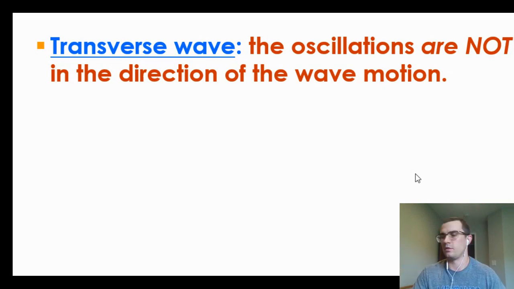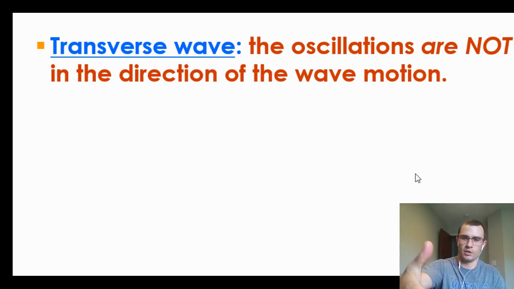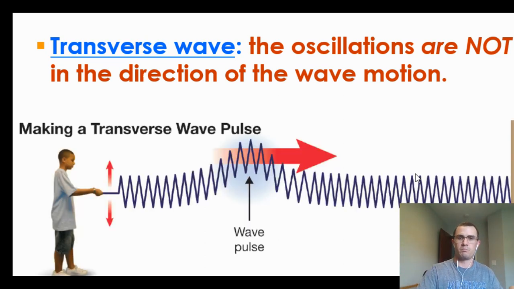No matter how many times the phys ed teacher tells you not to touch the jump rope, you're still going to crack that jump rope, send that wave, and it's going to travel all the way across, right? This picture shows that a little bit. I moved my jump rope up and down, and it sent that wave going across.